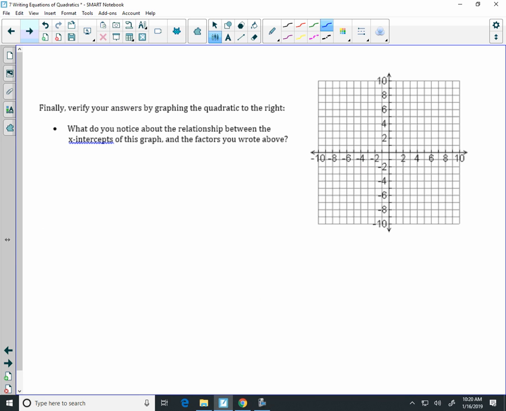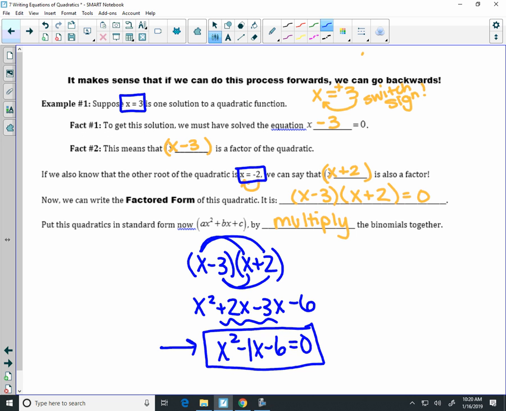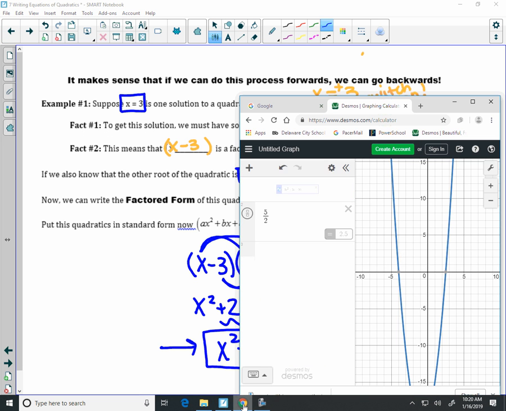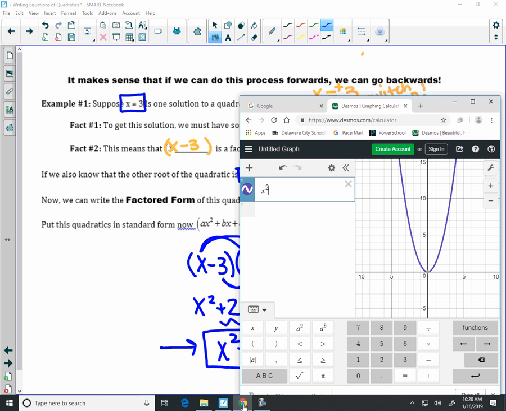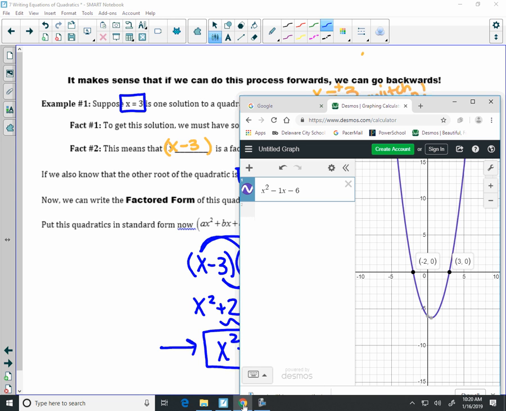Awesome, let's look at another scenario. Oh, verify our answers by graphing. So, before we look at that next scenario, let's pull up Desmos, and let's put in our final answer there. It was x squared minus 1x minus 6. And it better cross at x equals 3 and x equals negative 2.